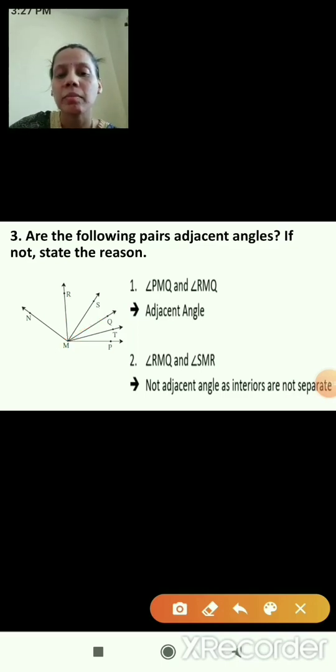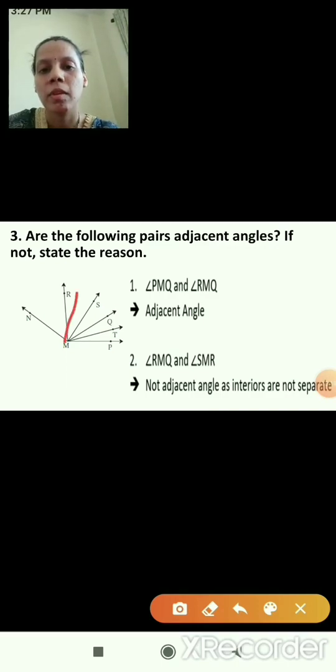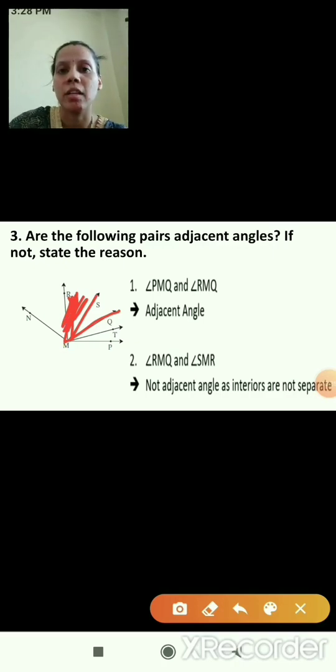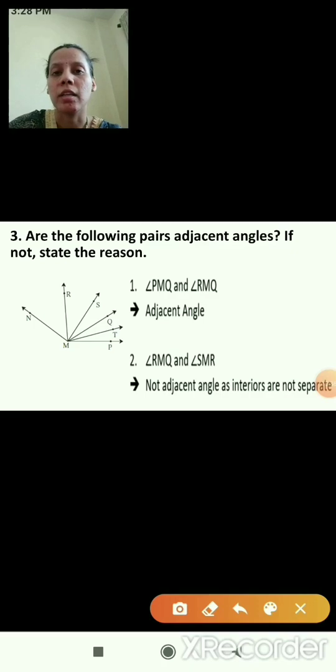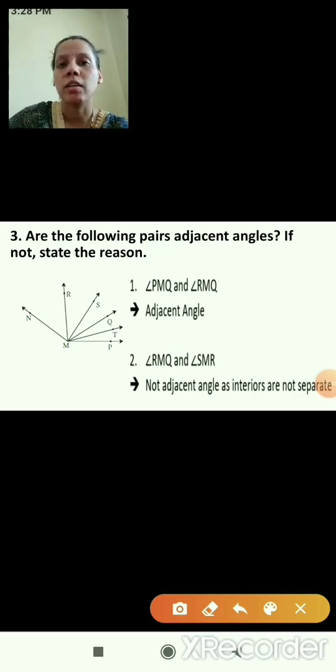Angle RMQ and angle SMQ both have the same interior, so they are not adjacent. In the definition we have seen that adjacent angles do not have a common interior; they have separate interiors. So in the second pair, angle RMQ and angle SMR have a common interior, so they are not adjacent angles.